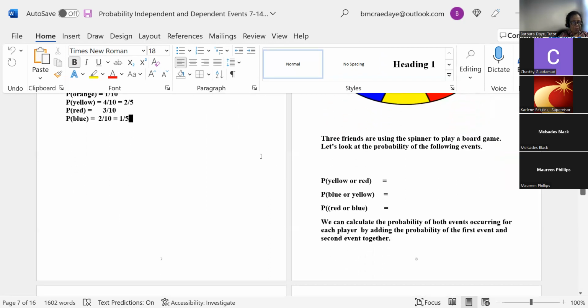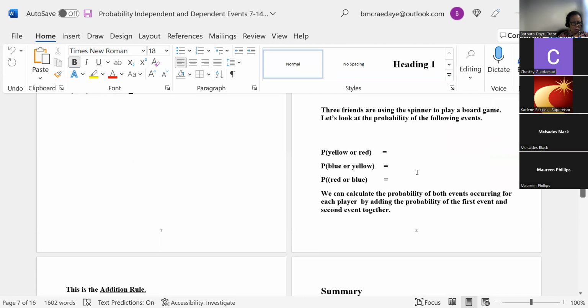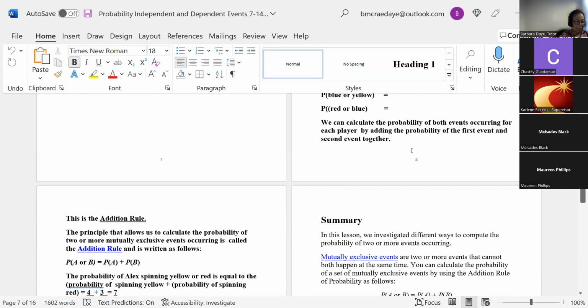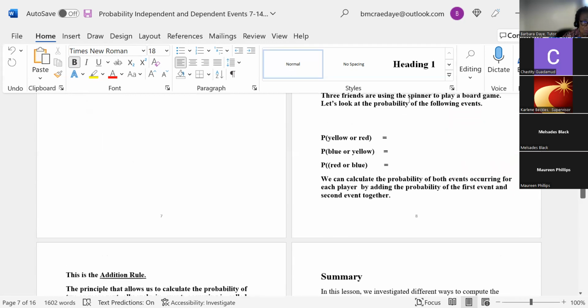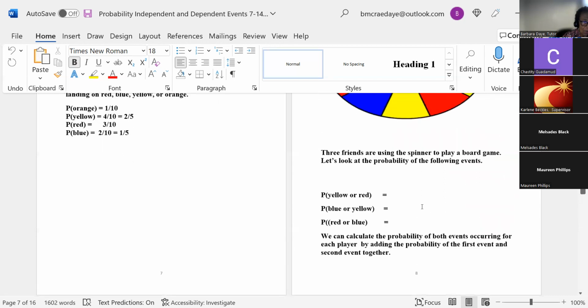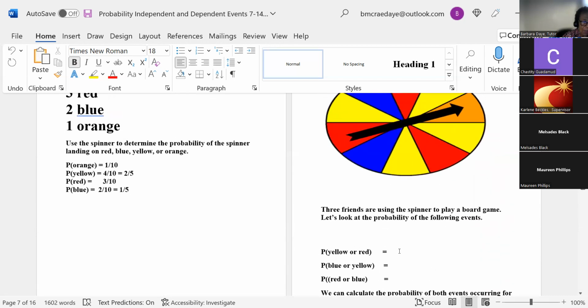Now, let's look at the same spinner and get the probability of getting a yellow or red or blue. Now, we use what we call the addition rule. So let's go to the yellow. You first get the probability of the yellow.